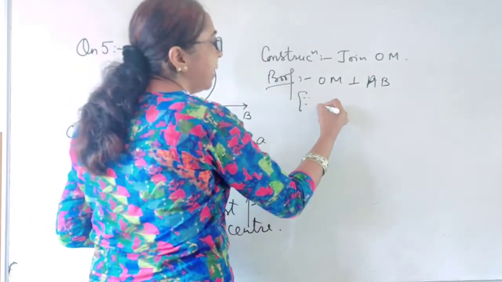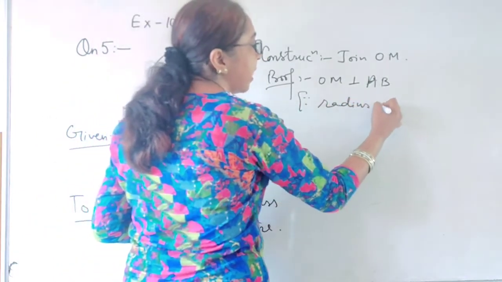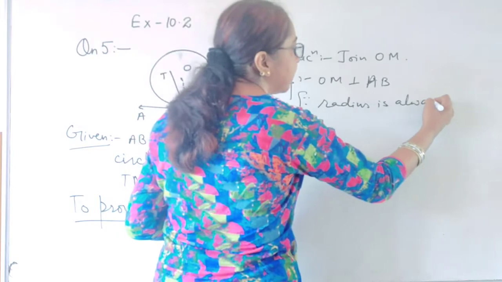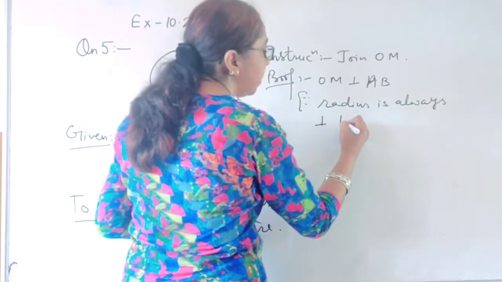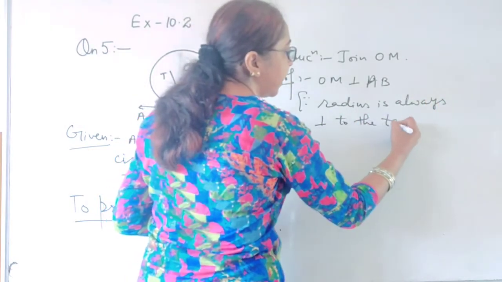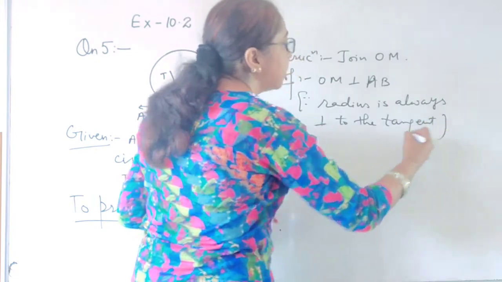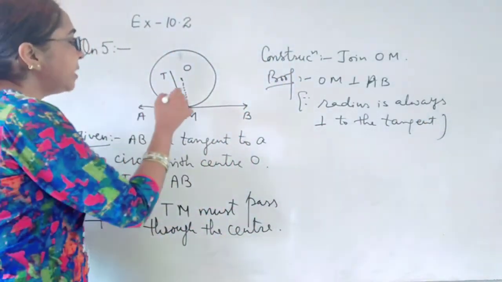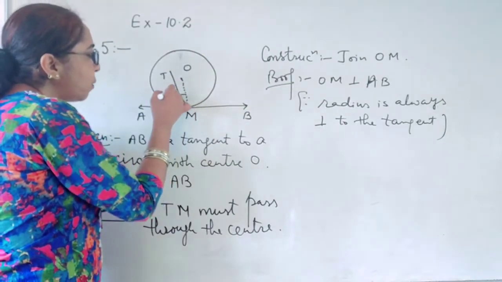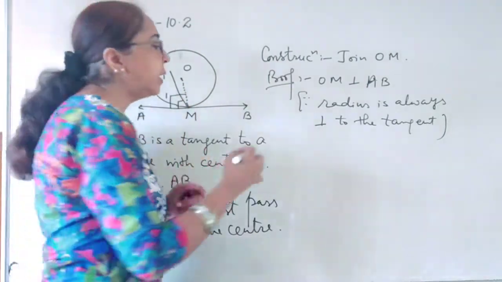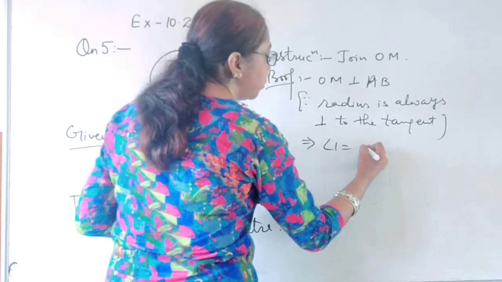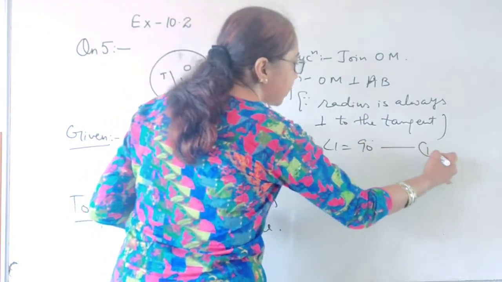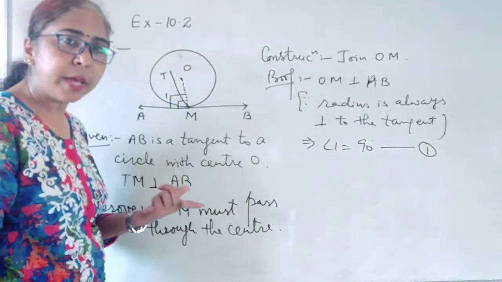Because we know that radius is always perpendicular to the tangent. So if OM is perpendicular to AB, it means this angle, let's say angle 1, should be 90. This implies angle 1 is 90, and this is equation 1.